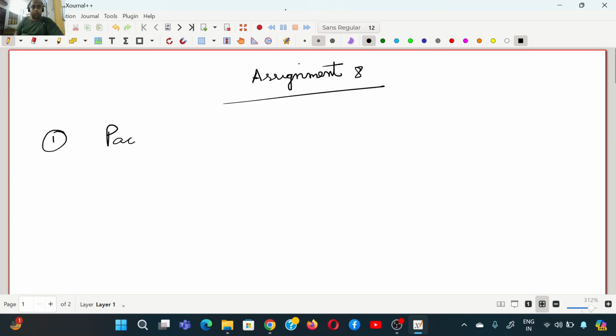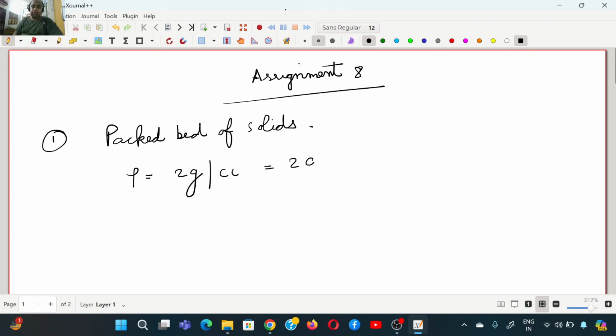So first question. It's a packed bed of solids. Density is 2 gram per cc, which is the same as, if I convert to SI unit, 2000 kilogram per meter cube. Height of the packed tower is 0.12 meter. Everything I'm writing in SI unit. Diameter of the cylinder is 0.1 meter.